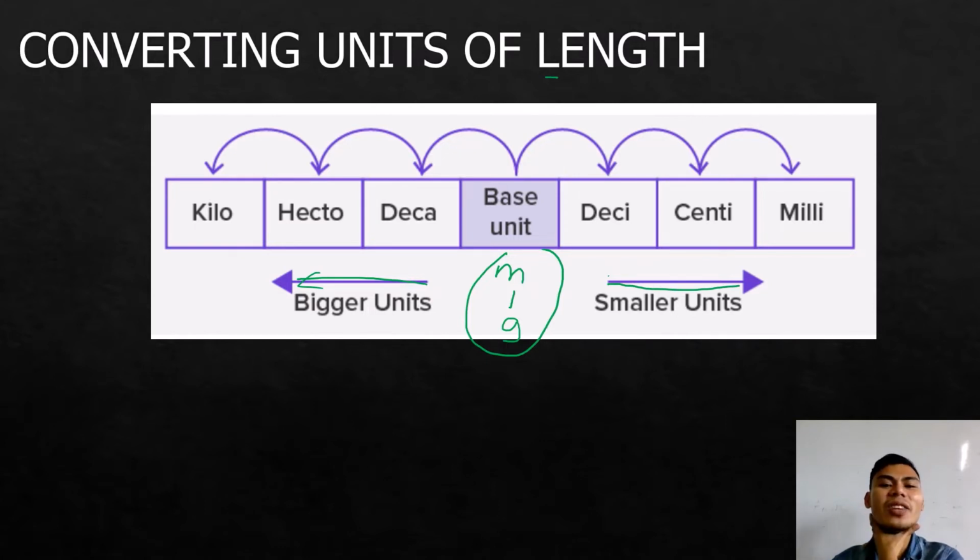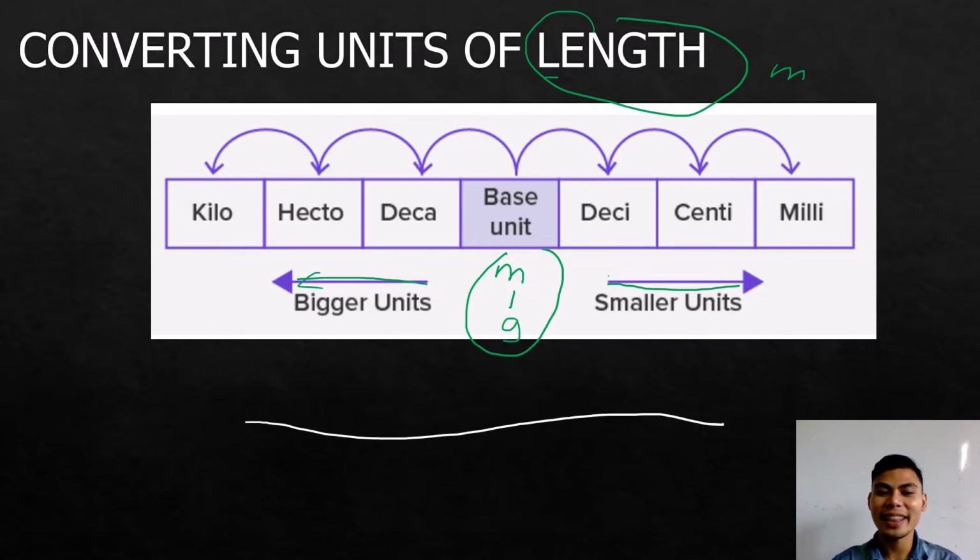So how do we do it, sir? Okay, example, because we're talking about length, in the metric system, it's the meter. Let's rewrite this. This is how it is written, this is the line, a number line. This is the meter, because we're talking about length.